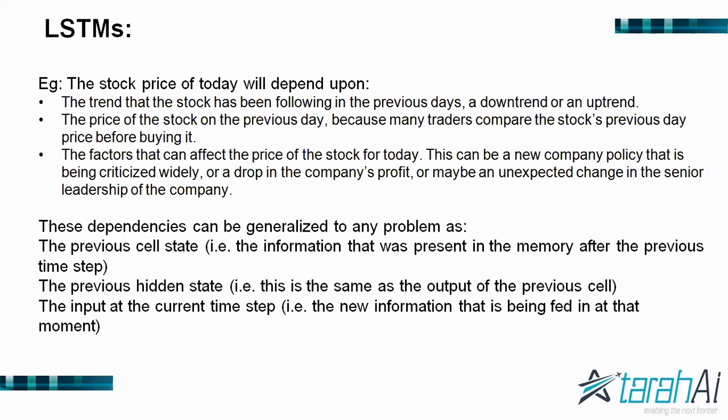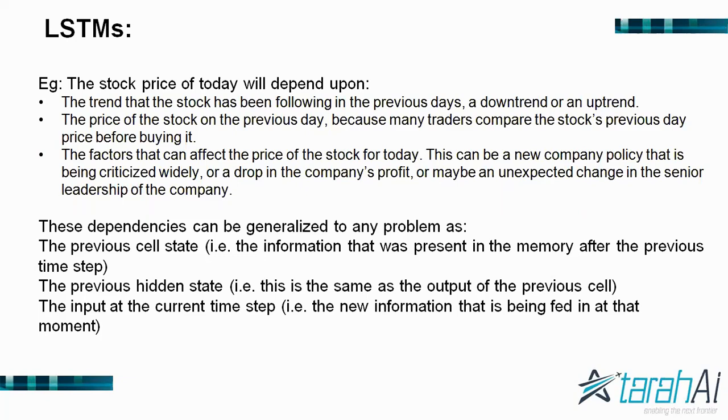Then there is also the possibility that there are some current policies which are changing the current input data. So for any problem, we define the influencing factors for a current cell state as whatever was the previous cell state, means whatever was present in the memory of that current cell state.